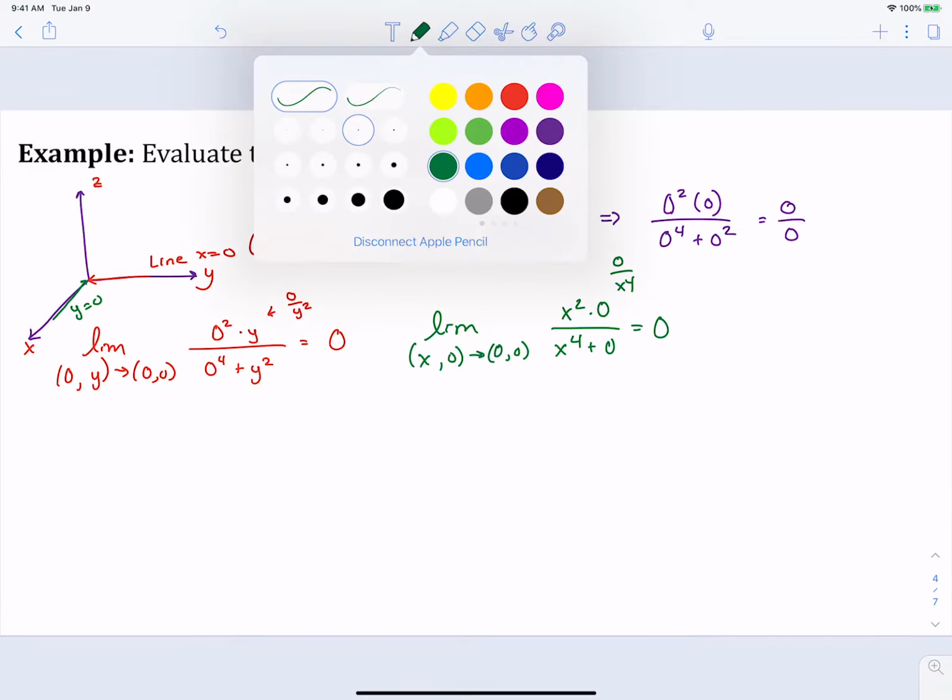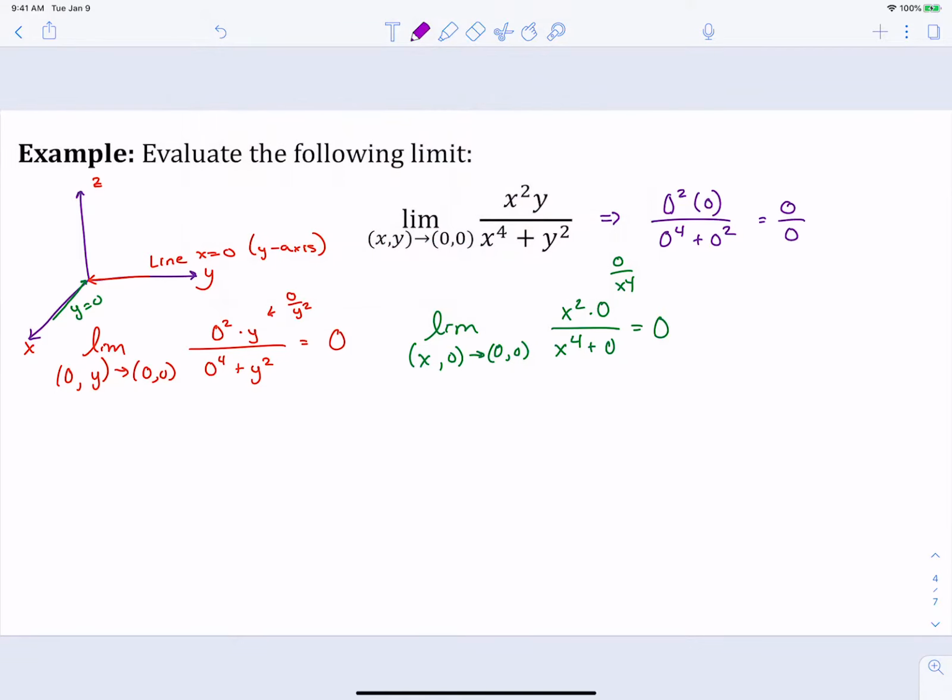And so we can kind of keep trying paths. We could look at what's happening as we approach along the line y equals x. That's another path. If we stay on that line, that's approaching that point 0, 0. So that would change our limit to, we could say x, because y is equal to x. And we could think about, okay, when is that approaching 0, 0?